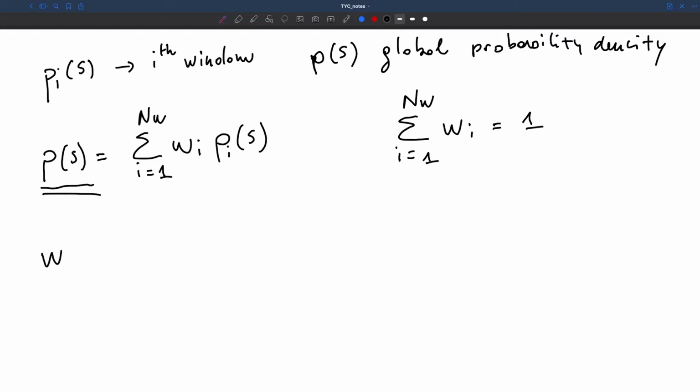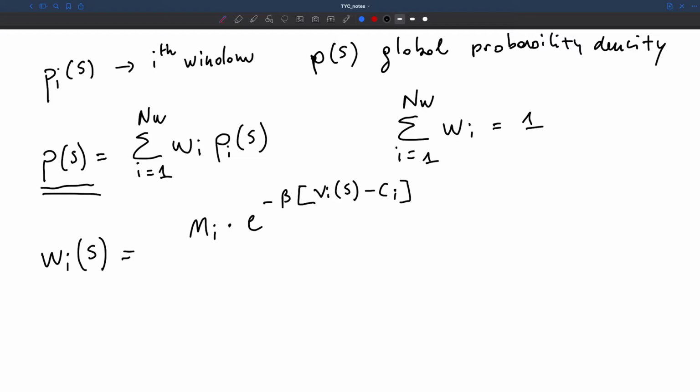The weight in window i for configuration S is equal to the number of samples obtained in window i, ni, multiplied by e to the minus beta (Vi of S minus Ci), where Vi of S is the bias that is applied to window i, and Ci is the constant that we have discussed earlier.